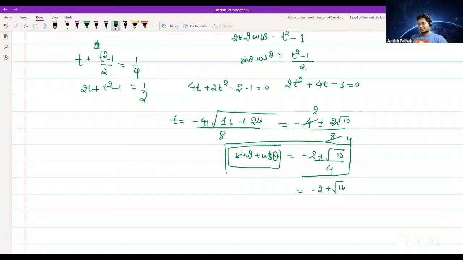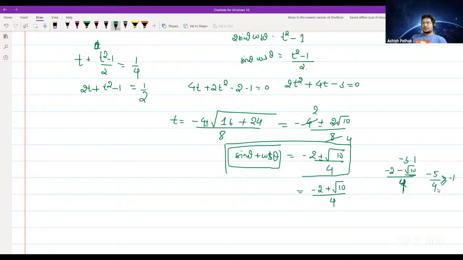Root 10 is approximately 3.1. So minus 3.1 minus 2 will become minus 5, divided by 4. If you solve this, you will get a value less than minus 1.